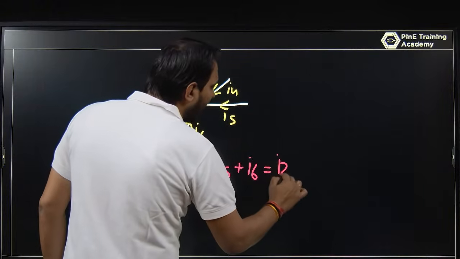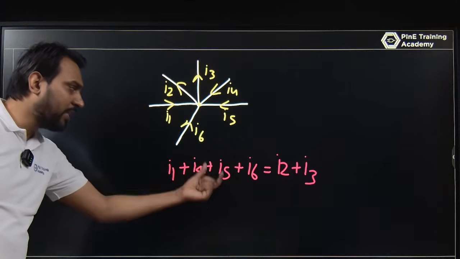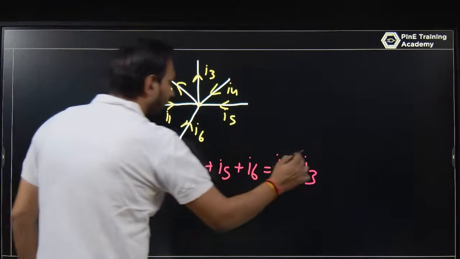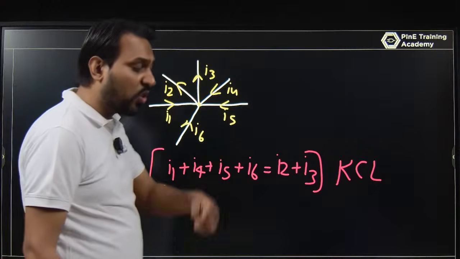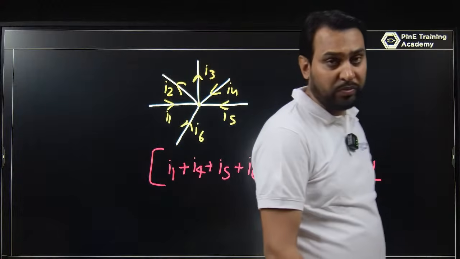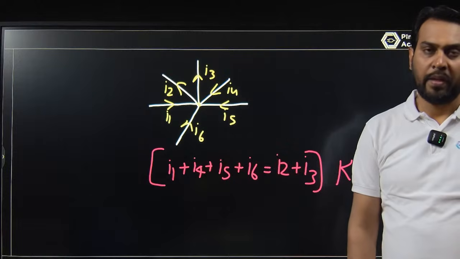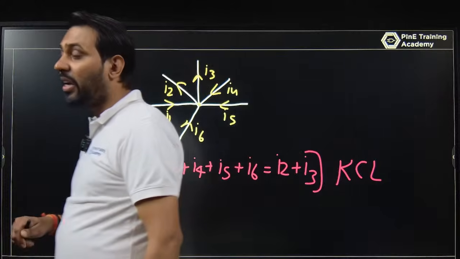That is I2 and I3. So I1 plus I4 plus I5 plus I6 is equal to I2 plus I3. That is called KCL, Kirchhoff's current law. Kirchhoff's current law states that the entering current at a node is equal to the leaving current from the node. And that is very useful to determine the current.